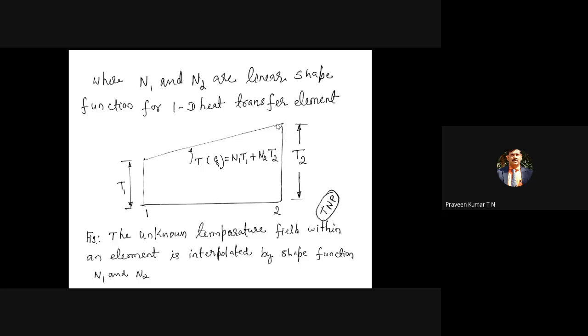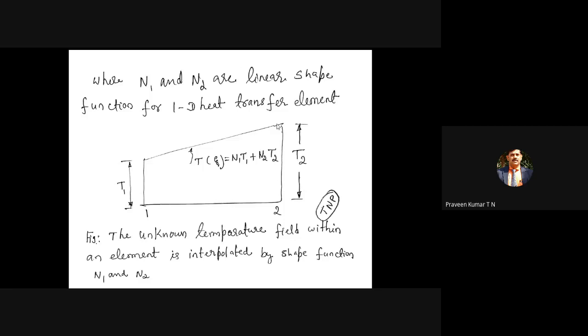At 1 centimeter thickness, what is the temperature? At a distance of 2 centimeter from the inside wall of the furnace, what is the temperature? And what is the temperature at 3 centimeter, 4 centimeter, 5 centimeter, 6 centimeter? No need to calculate all those things by creating different nodes.